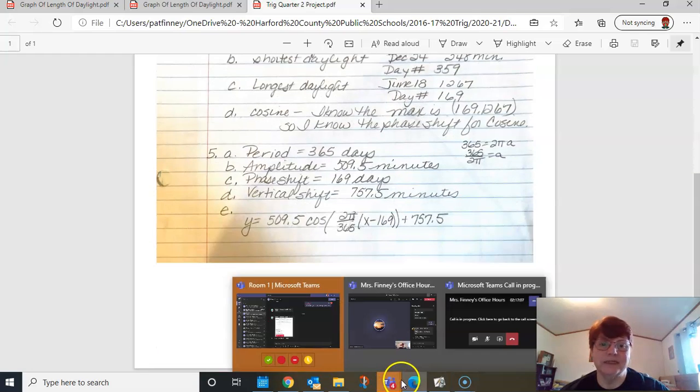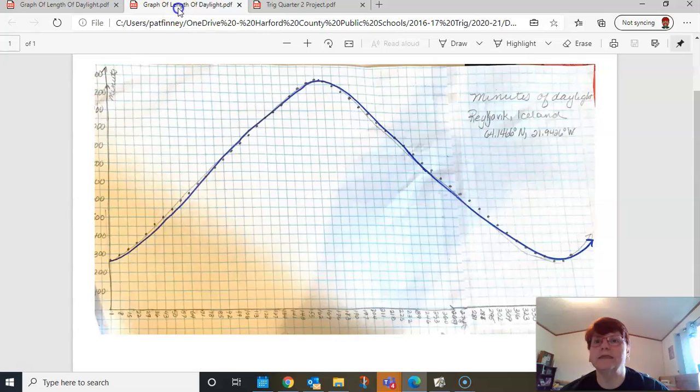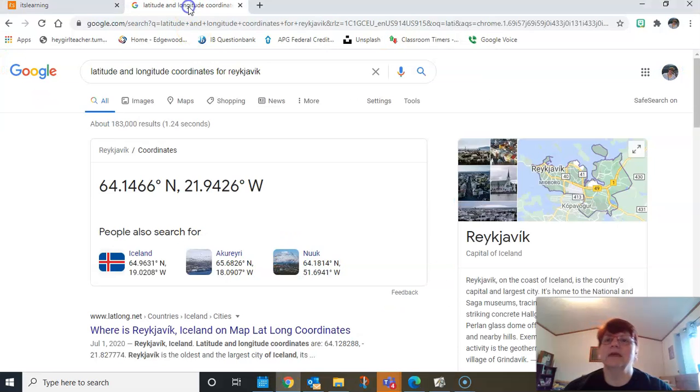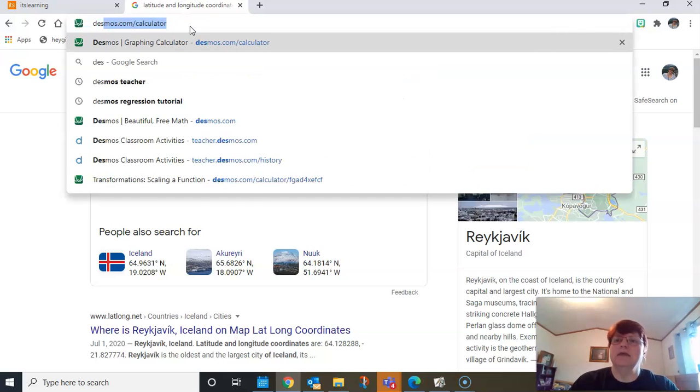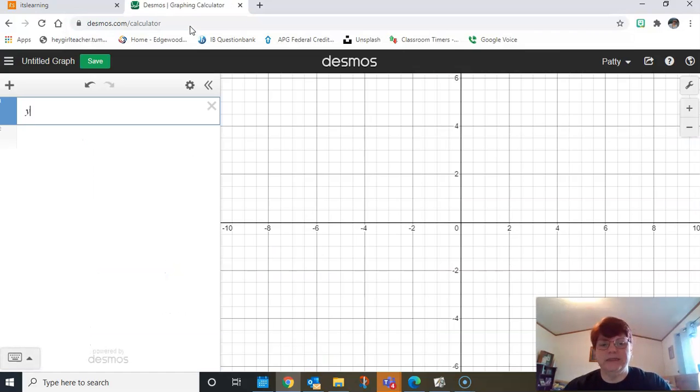And then, of course, I went to Desmos, because you know how I feel about Desmos, right? I went to Desmos and typed in my equation to see if, in fact, it gave me the right graph.